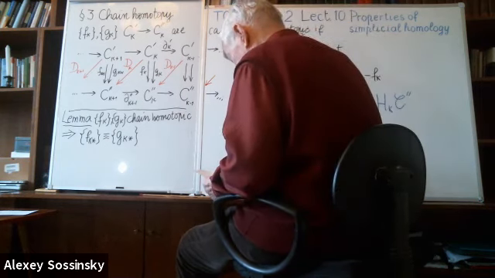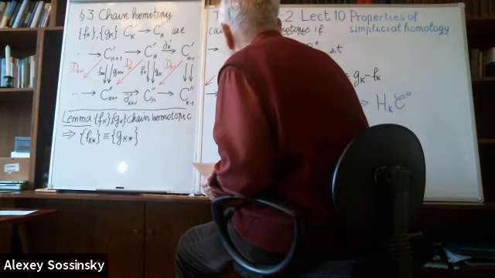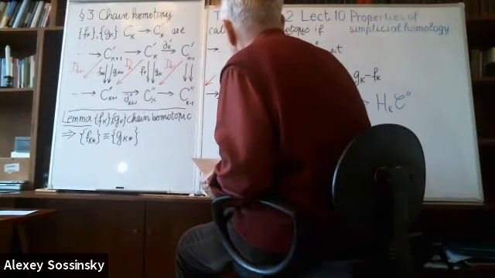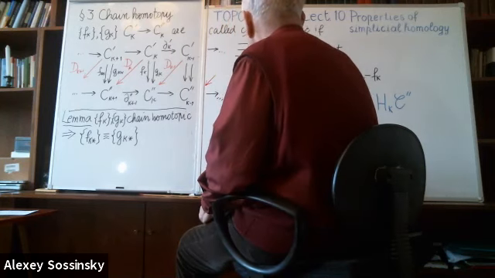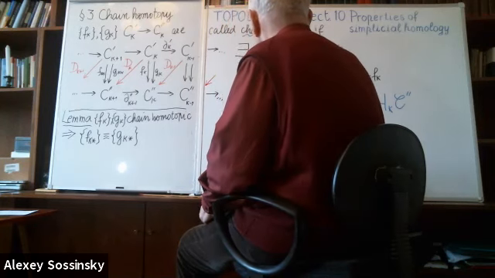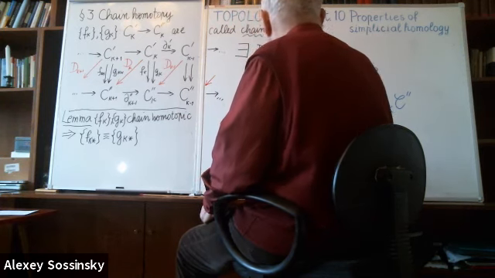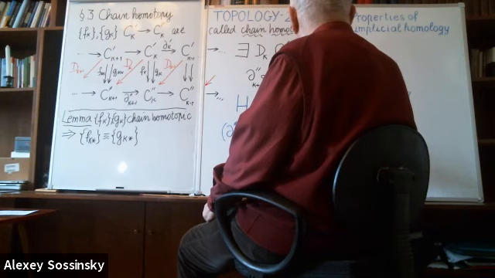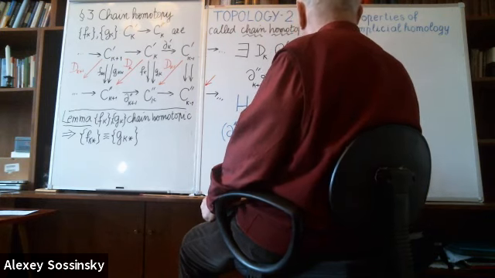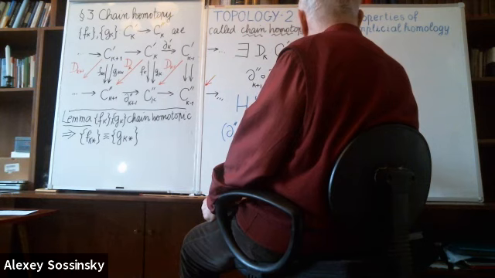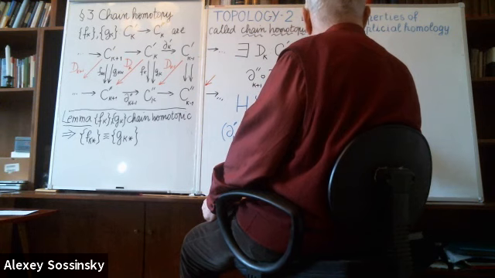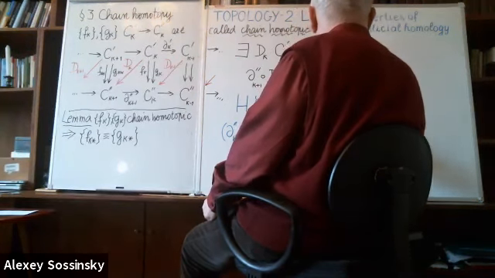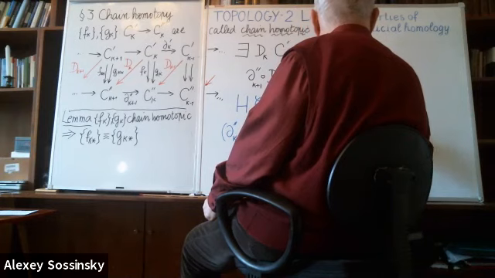So we have d double prime_{k+1} D_k applied to z_k prime plus D_{k-1} d prime_k applied to the same z_k prime.